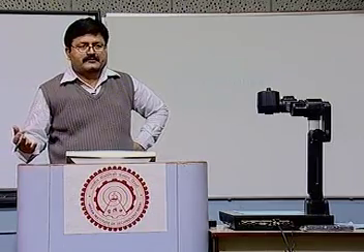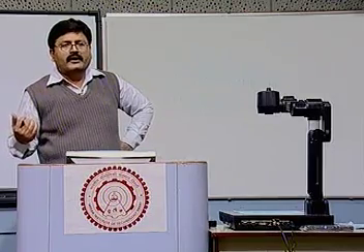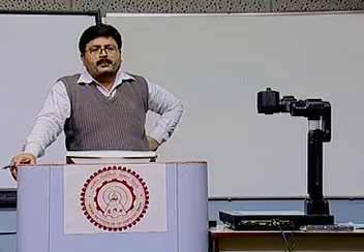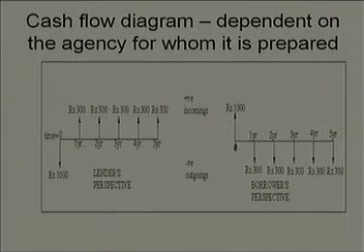Because that $1000 is going out of the pocket of the lender. Now, the same 1000 rupees is coming into the pocket of the borrower, right. So, you can easily find that this 1000 rupees is shown on the plus side for the borrower's cash flow diagram.